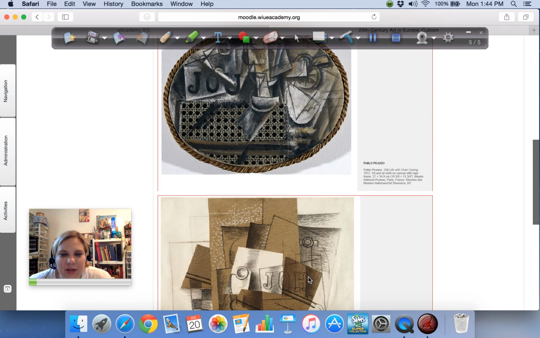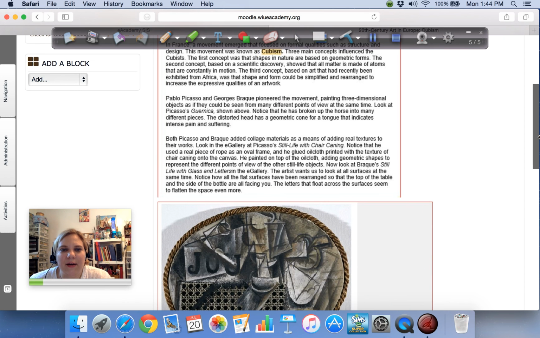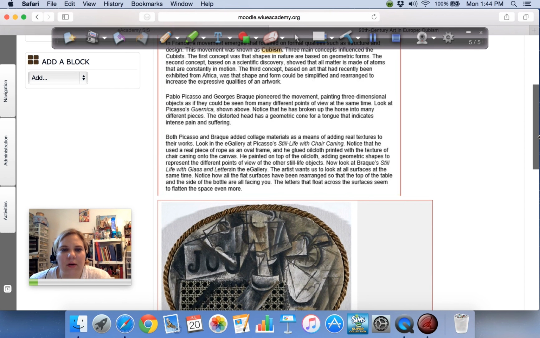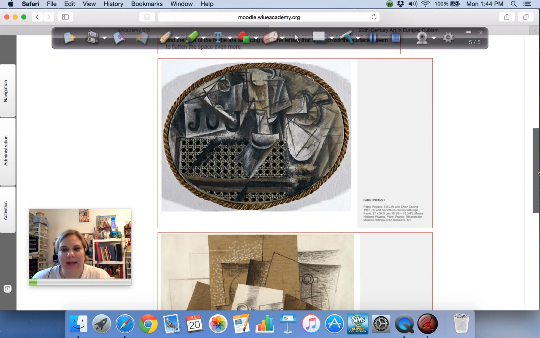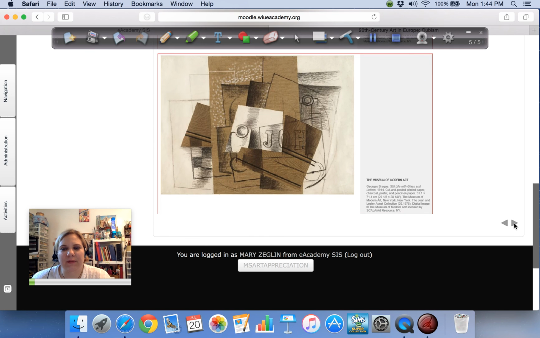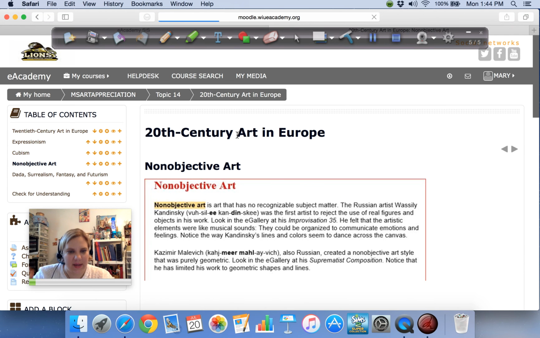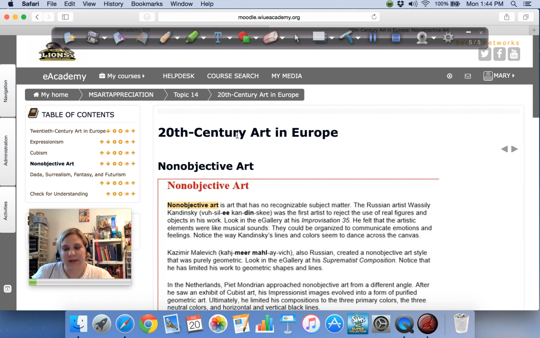Their style is very, very similar, gluing things onto a canvas and just flattening 3D shapes to look like they are 2D.